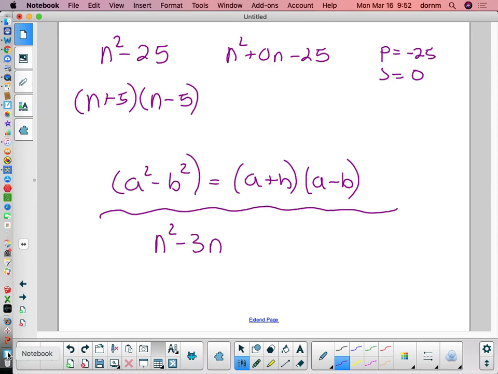Factor that. Well, it's not a constant, so I could just take out the n. It's the distributive property backwards. That's it. And I'm left with n minus 3. So sometimes my factoring really just comes down to greatest common factor. And that's all there is to it.